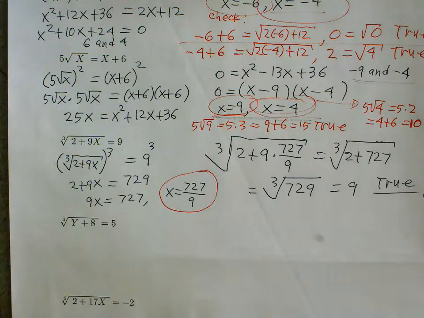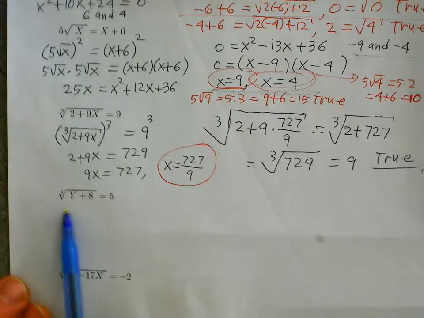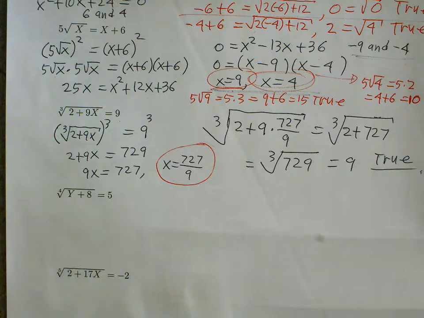Okay, in the next example, we have the fourth root of y plus 8 equals 5. We want to solve for y. We see that y is inside the radical with index 4. So how are we going to solve for y this time? We start by raising both sides to the fourth power.